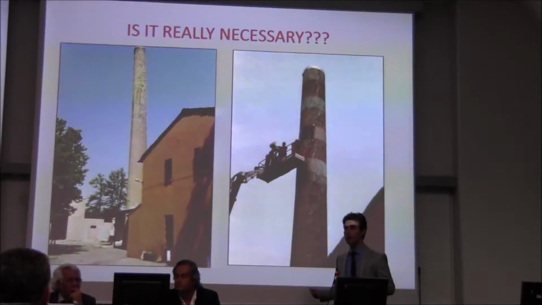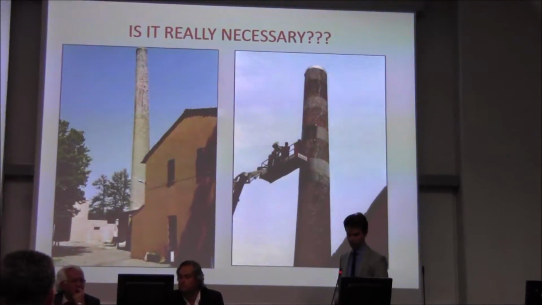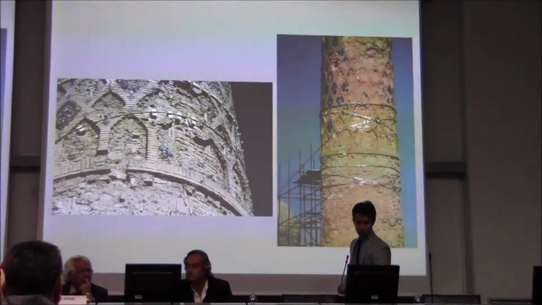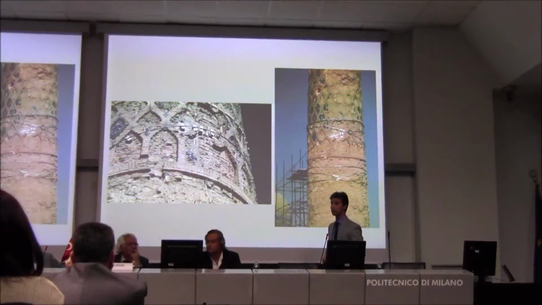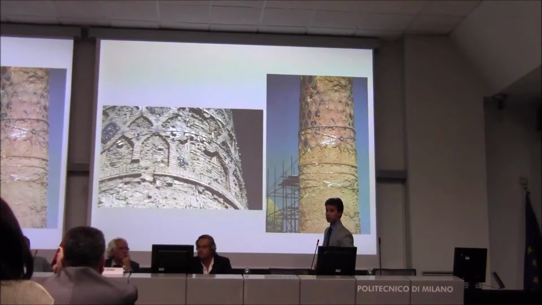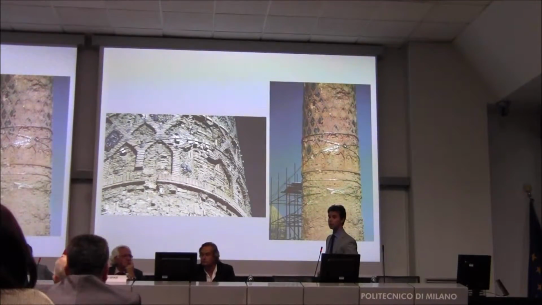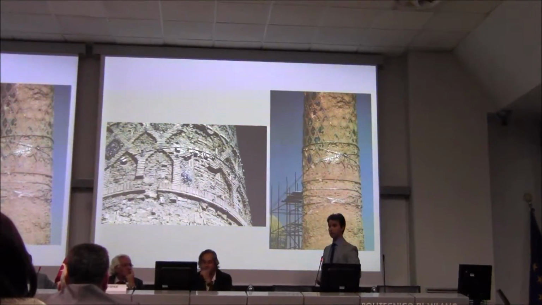There can be other possible ways of intervening on a structure. For example, another possible solution is to use steel cables. We see here a minaret again in Azerbaijan that has been consolidated by using steel cables on the external part.